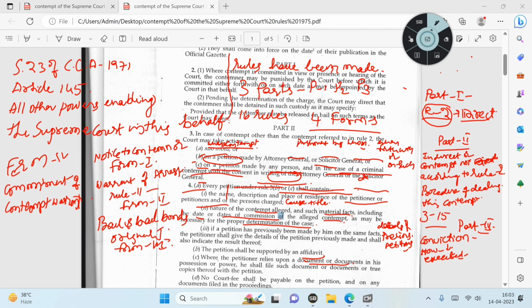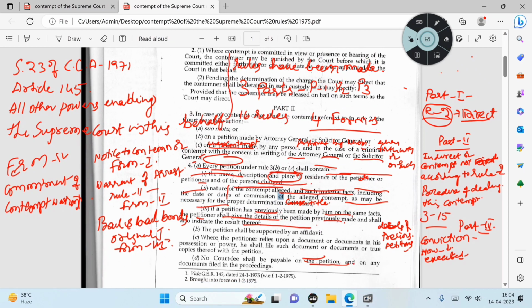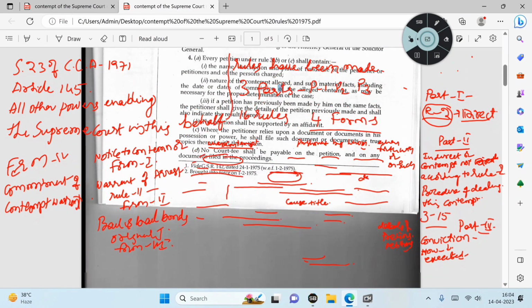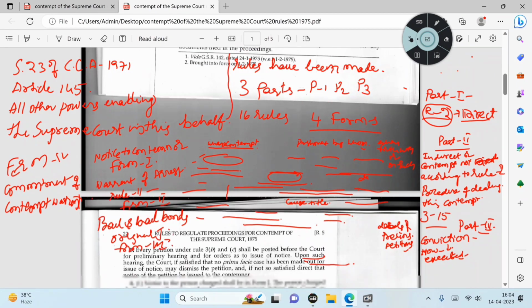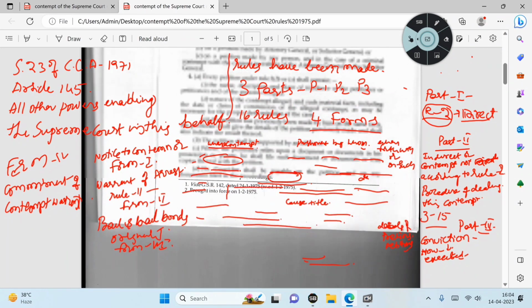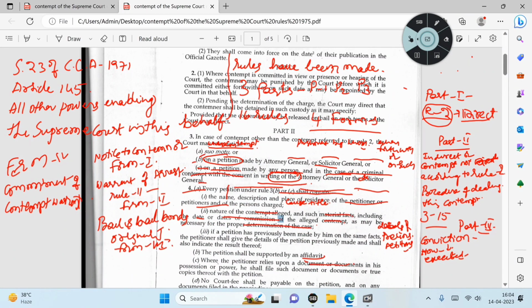No court fee shall be payable on the petition and on any documents filed in the proceedings. So, this is Rule 4. All these details we can see in all petitions naturally. Rule 4 contains 4 clauses.